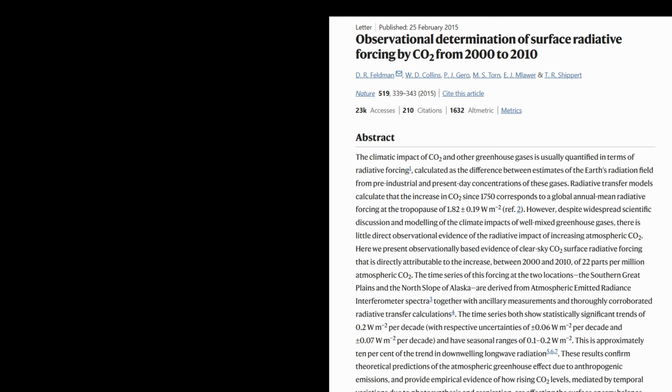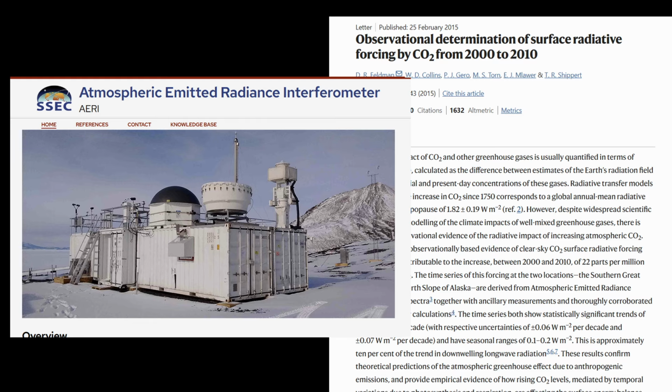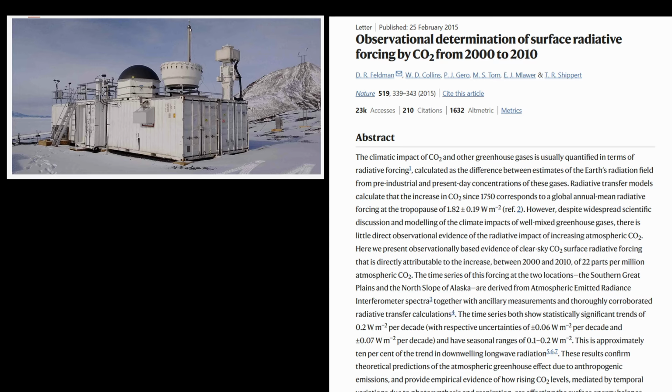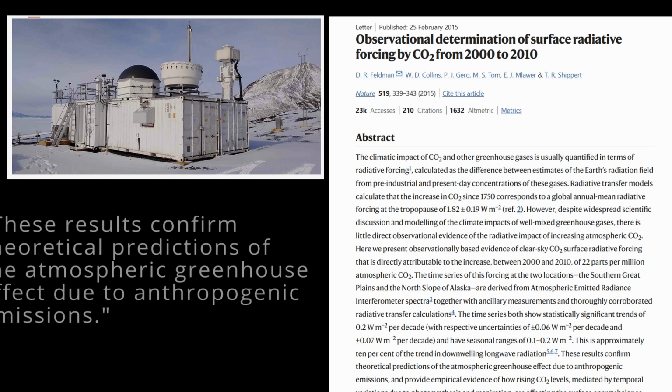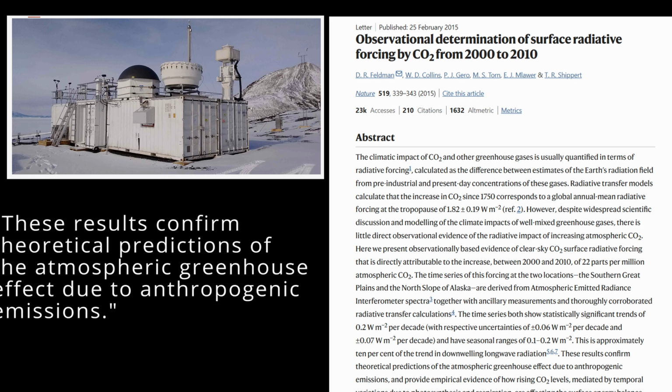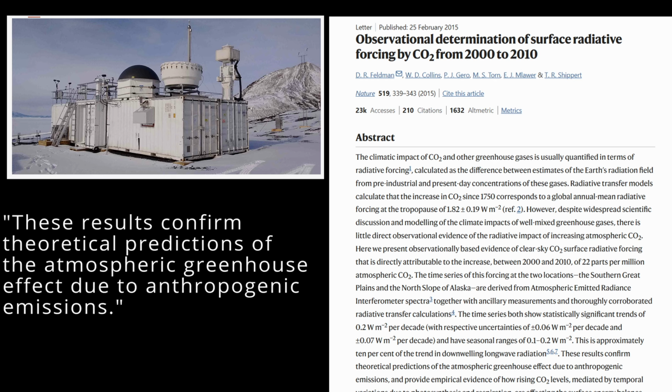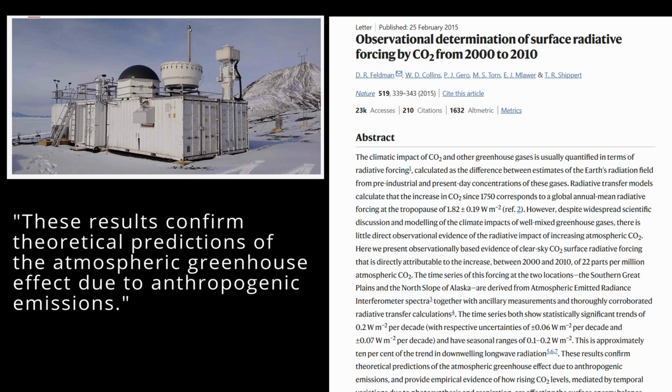Next, we have Feldman et al. 2015, another surface-based study, but using a different type of instrument. The studies that we saw so far use pyrgeometers. This one uses a technique called Fourier transform infrared spectroscopy, much more advanced and precise than a pyrgeometer. They measured the precise increase in radiative forcing of the increase of CO2 from 2000 to 2010, which was 22 parts per million.